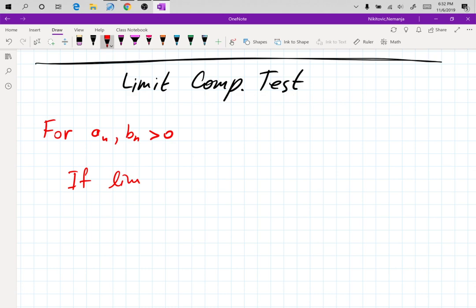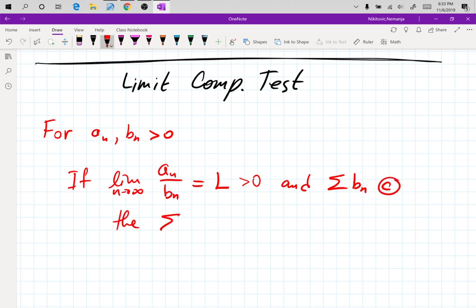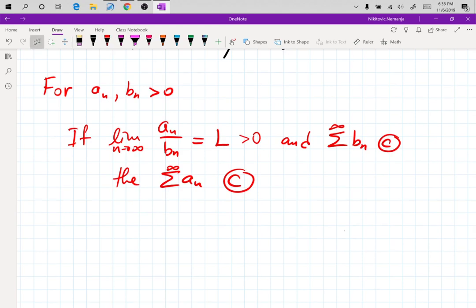if the limit as n goes to infinity of an divided by bn is a finite number larger than 0, and summation of bn converges, the summation of an converges as well. We don't care where it starts. Just make sure the denominators are not 0.